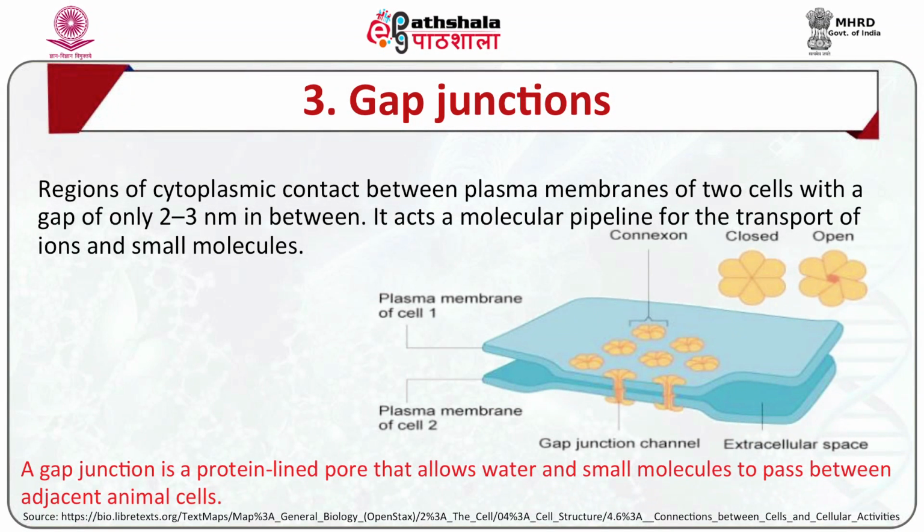The third major type of cell junctions are the gap junctions. These are regions of cytoplasmic contact between the plasma membranes of two cells with a gap of only 2 to 3 nanometers in between. It acts as a molecular pipeline for the transport of ions and small molecules.